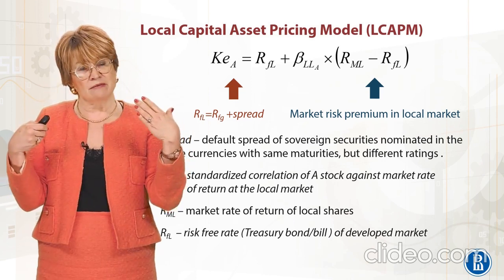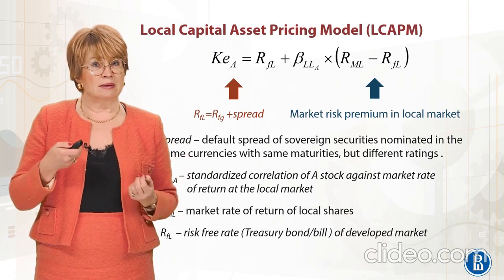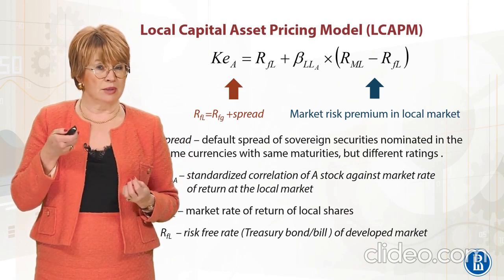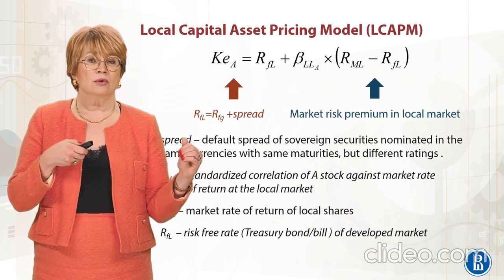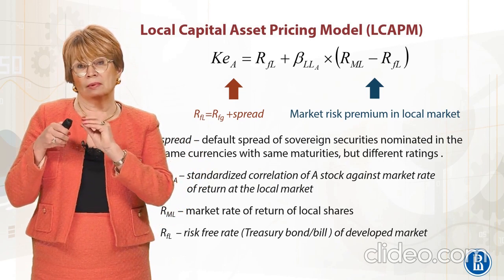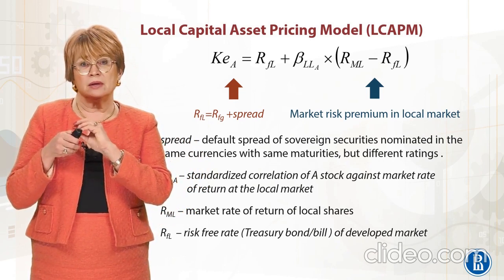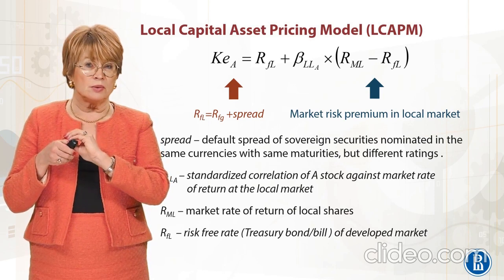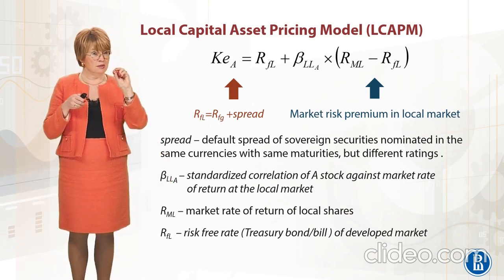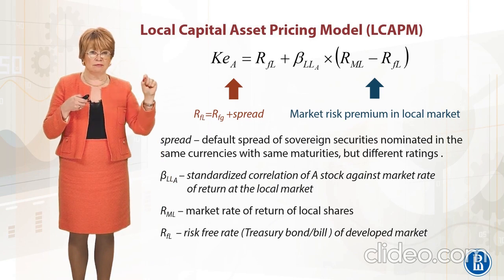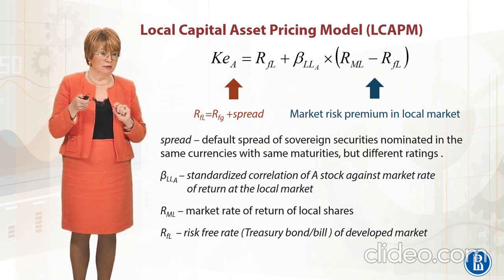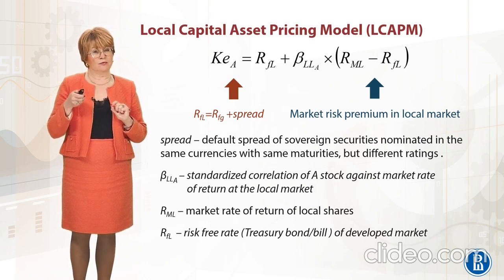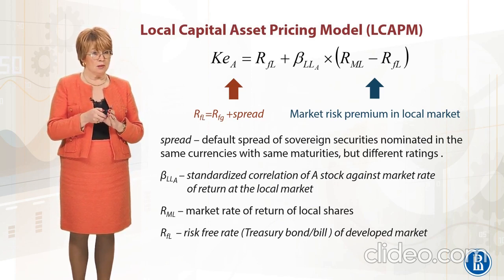We also see here a very interesting approach to understand the equity risk premium, because we are comparing the market portfolio existing in the local market with the compromised risk-free rate for the local market. And the beta, again, is the product of the regression, the slope coefficient of the regression of local company A versus the dynamics of the local market portfolio of equity in that particular country.